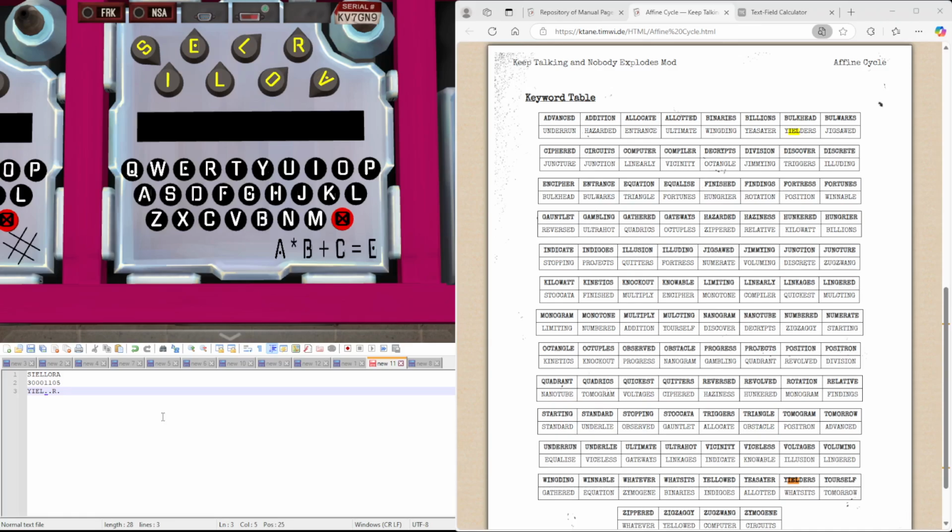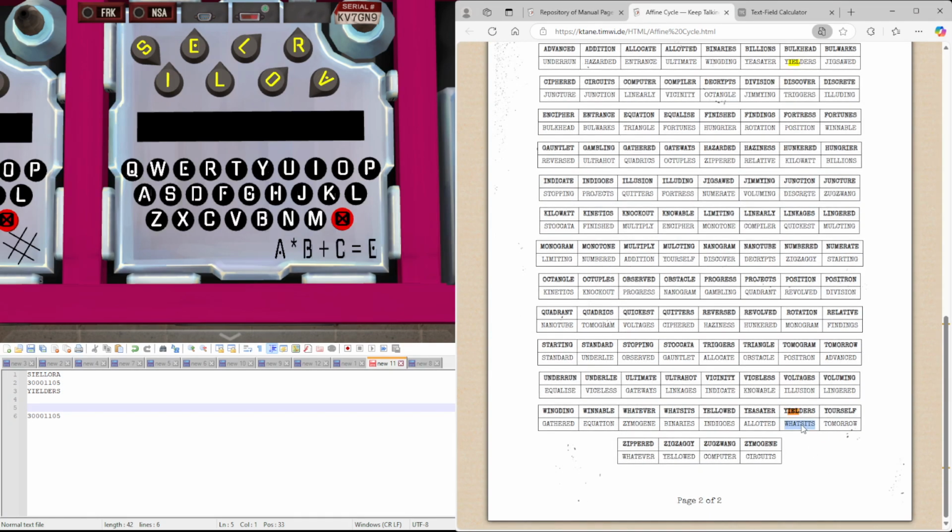And going the other way should be simple enough, because we're now doing the actual encryption part, which I think is easier.